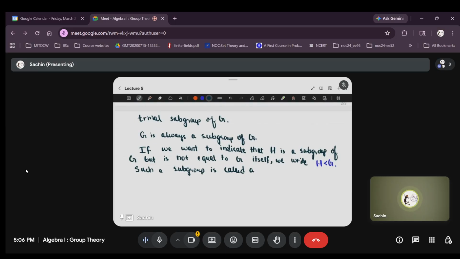This is similar to the idea of subsets. Yeah, similar to a proper subset. Here we call it a proper subgroup.